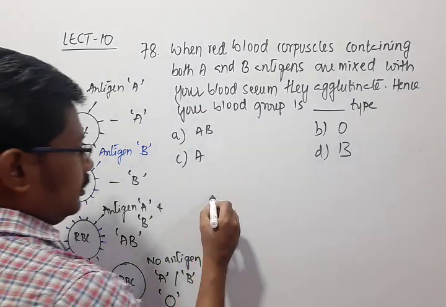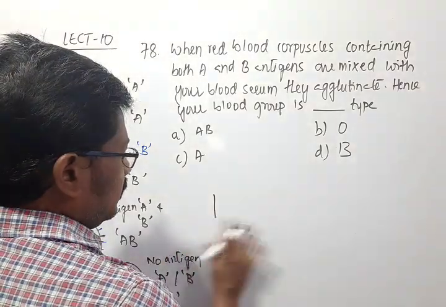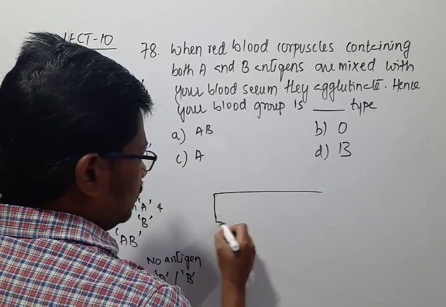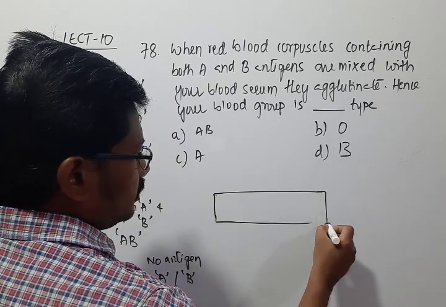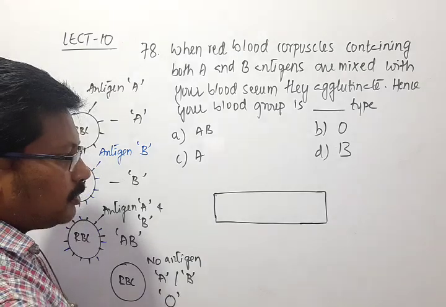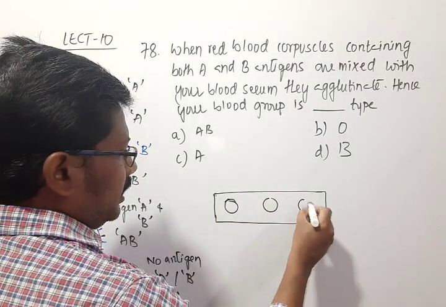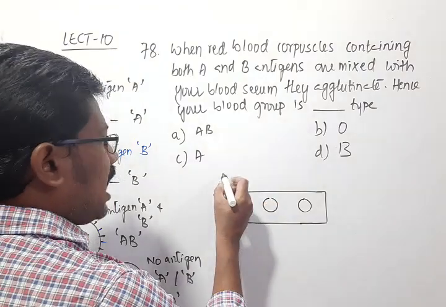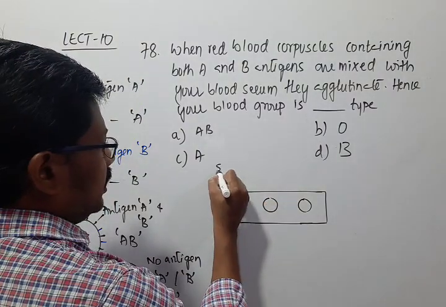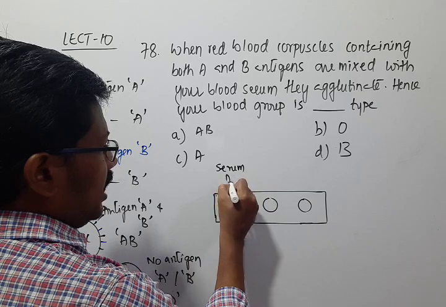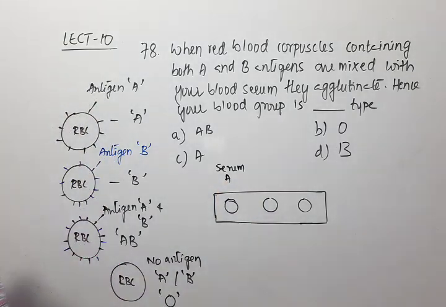So what we do is we take 3 drops of blood. Here I have taken 3 drops of blood, and to these I'm going to add serum A. We know that serum consists of antibodies.